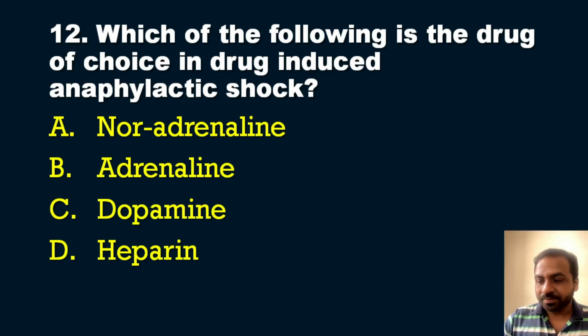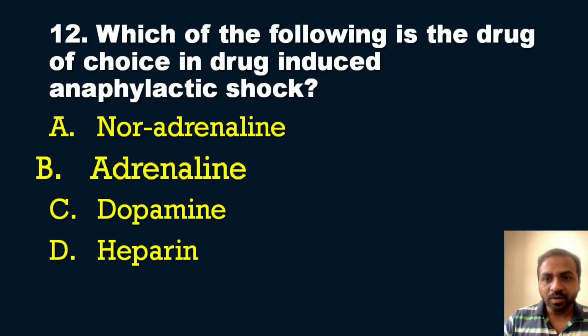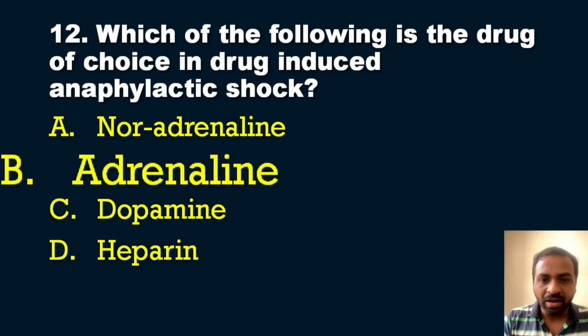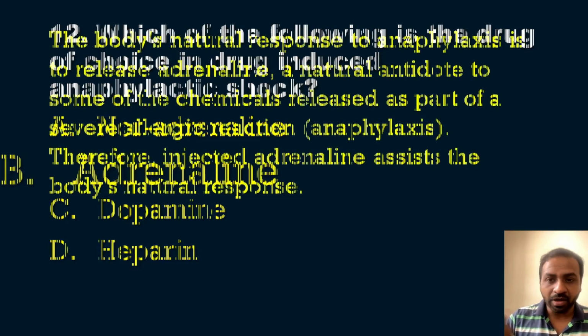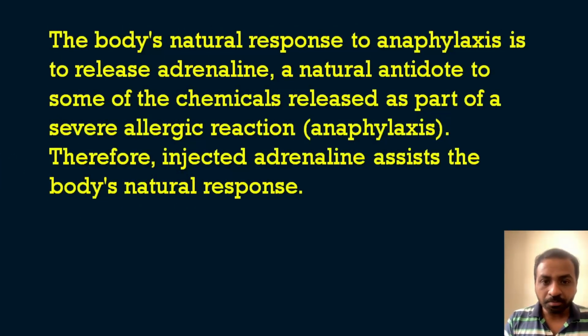So what is the answer? The answer is adrenaline or epinephrine. You know that the normal response of the body to anaphylaxis is the release of adrenaline, a natural antidote to some of the chemicals released as part of severe allergic reactions.